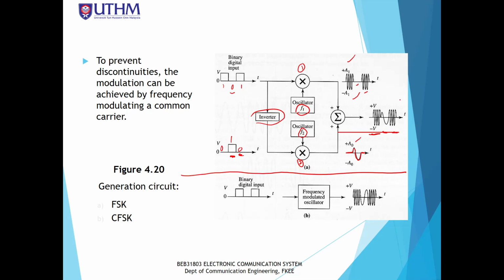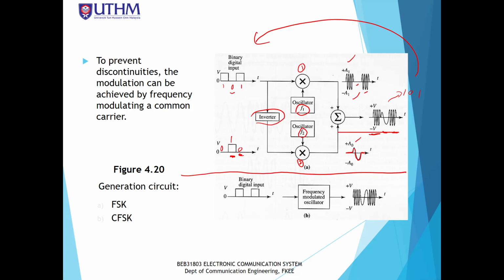This represents the input of 1, 0, 1, similar to the input. So input logic 1 produces a high frequency output, input logic 0 produces a low frequency output, and so on.